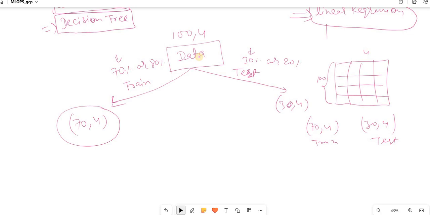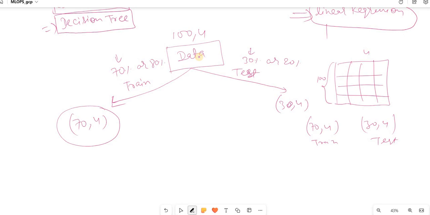If I actually need to check their driving skills, I will ask that person to drive in places or areas where he or she has never practiced. And if in that area he or she drives well, then I will say that person has good driving skills. This is the same logic we are using.